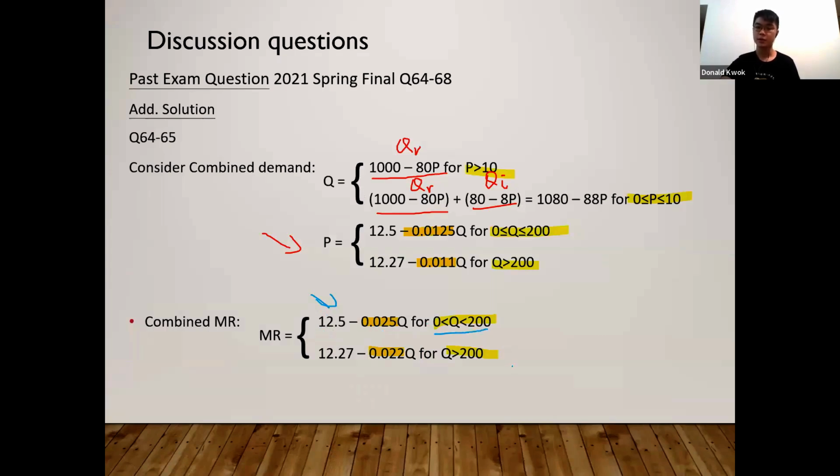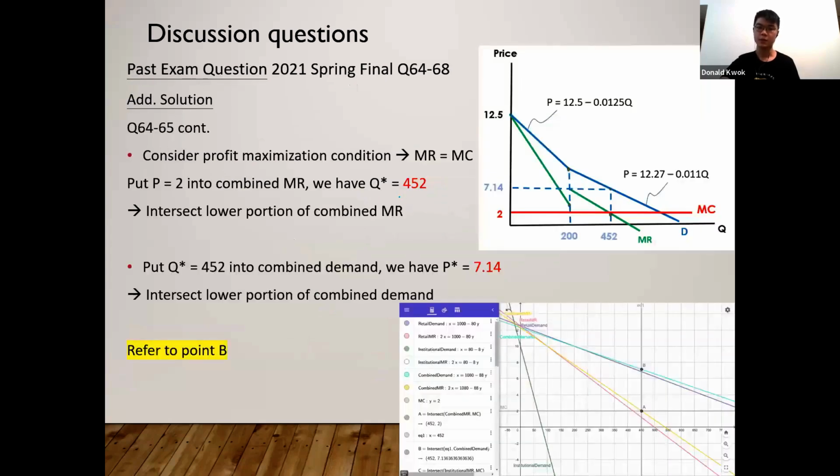This is why we should put the marginal cost of $2 into the second expression of MR, to align with the quantity range greater than 200. Doing so, we find the profit maximizing quantity, 452.